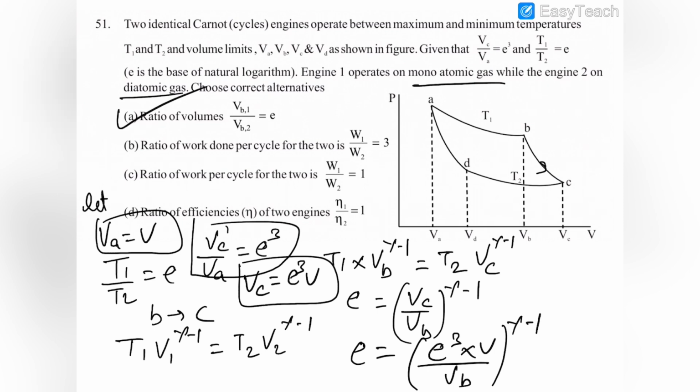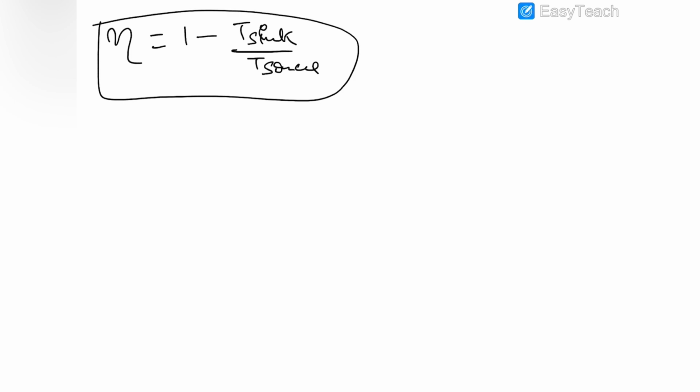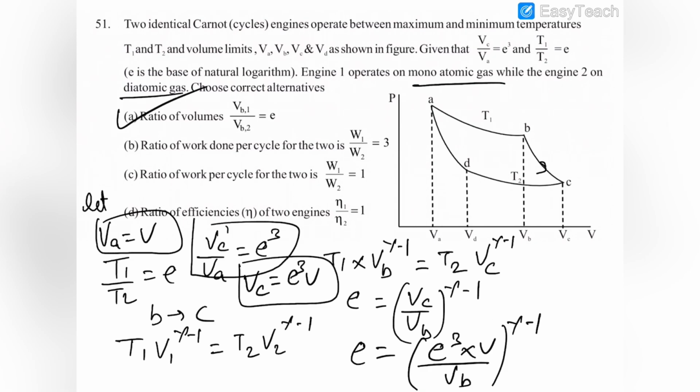Now we have to find out the efficiency and work done. First of all, let us talk about the efficiency. We know that efficiency is 1 minus T sink by T source. For both engines, T sink and T source are the same.